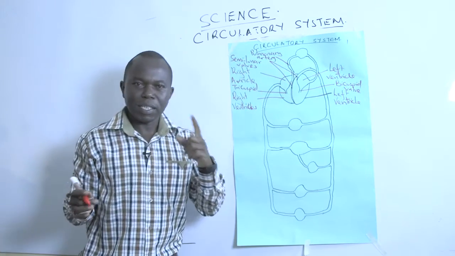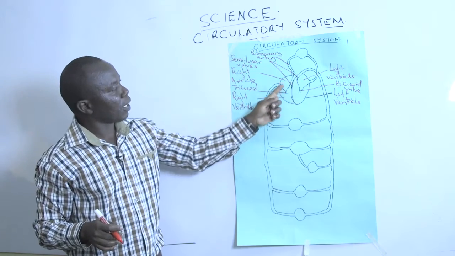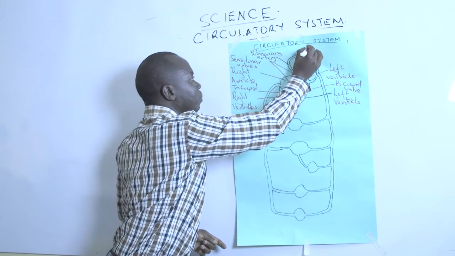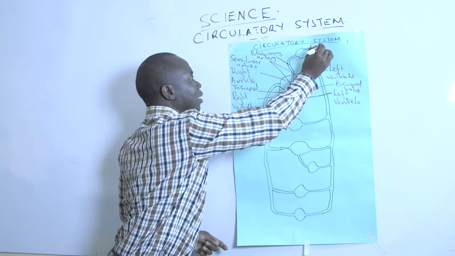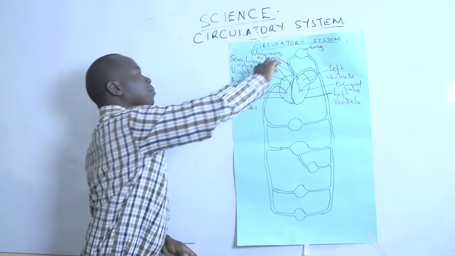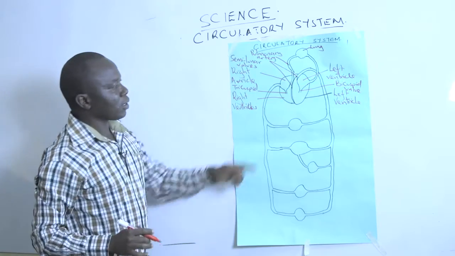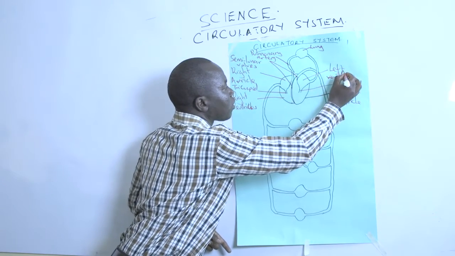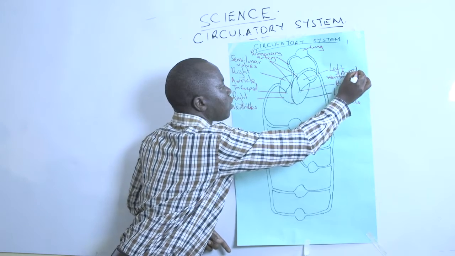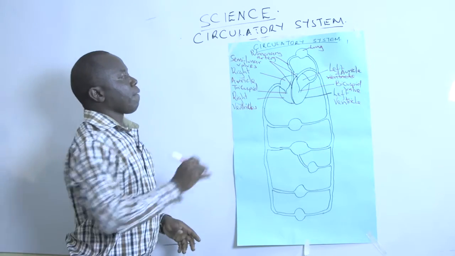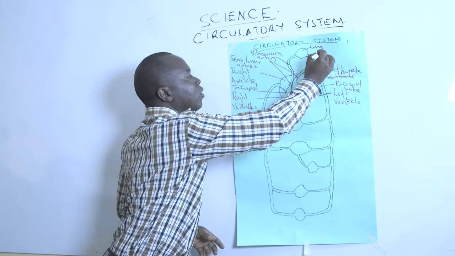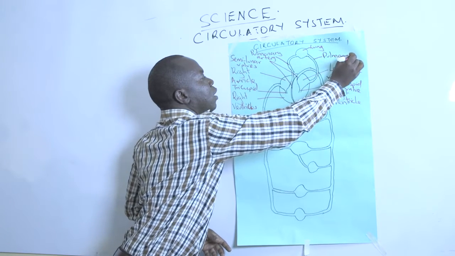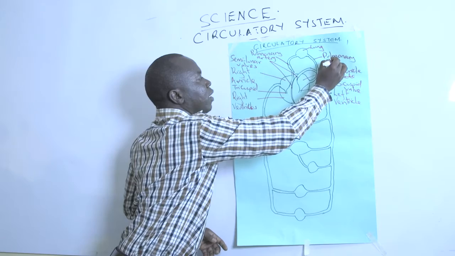Remember, we have said arteries carry blood away from the heart. It will carry blood to the lungs. That part is the lung. And then blood will flow back into the heart, the left auricle, not ventricle, through a blood vessel called the pulmonary vein.